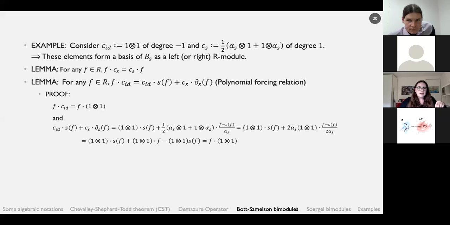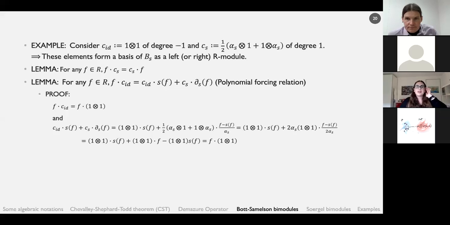After this, we can cancel out the factors of 2 and the factors of alpha S. Then we can cancel out the 1 tensor S of F terms, because we have 1 tensor S of F and minus 1 tensor S of F. So this also cancels out, and what remains is 1 tensor 1 times F, which is exactly F times the element C_ID.